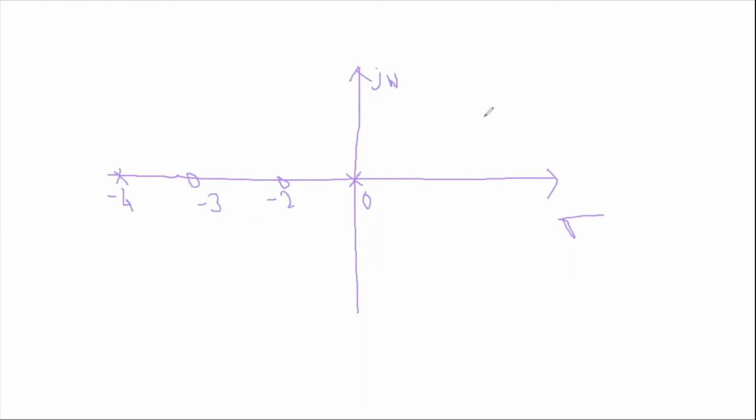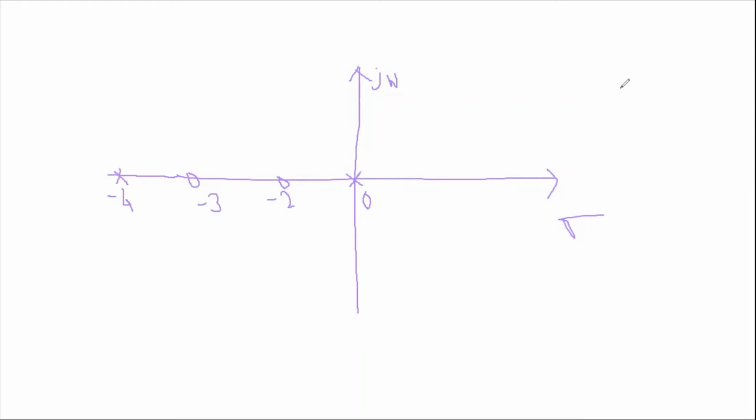So capital P equals 2 and capital Z equals 2. What is the number of asymptotes? It is P minus Z equals 0, so no asymptote. When there is no asymptote, there is no meaning in calculating the angle of asymptote or centroid. So that step ends there.